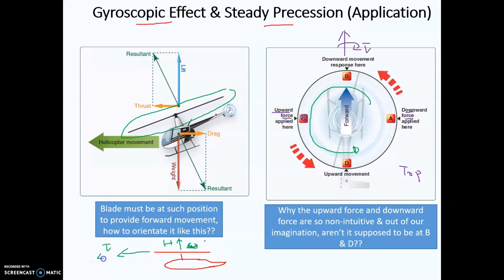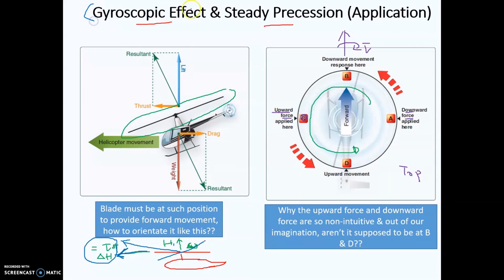Torque will give you the change of angular momentum, which is equal to torque multiplied by delta T. The resultant of H1 plus delta H will give you H2, which is over here. By applying the torque in this direction, we now succeed in rotating the blade to a new position here.